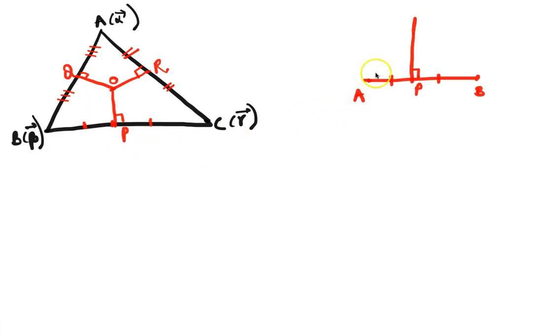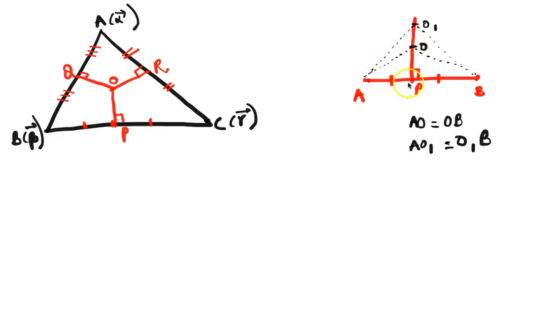Then we can prove that if I take any point O1 on it and draw line segments from that point to the ends of the segment it bisects, then AO1 equals O1B. Similarly, for any other point on this line, AO1 equals O1B.